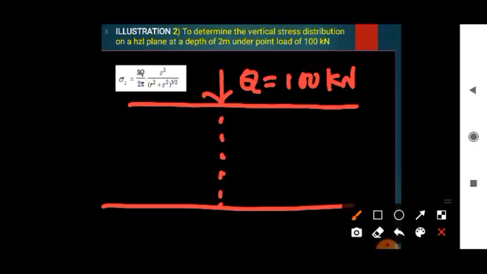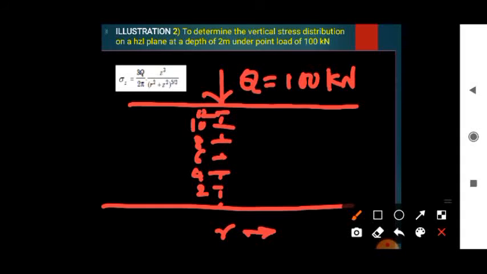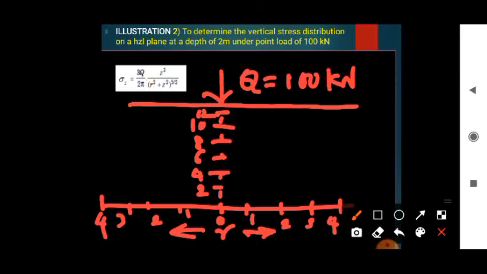Now for the magnitude of the vertical stress, this is going to be 2, 4, 6, 8, 10 and 12. The r values are 0, 1, 2, 3, 4, and similarly here 1, 2, 3 and 4.